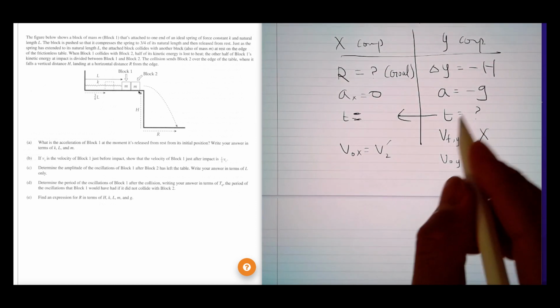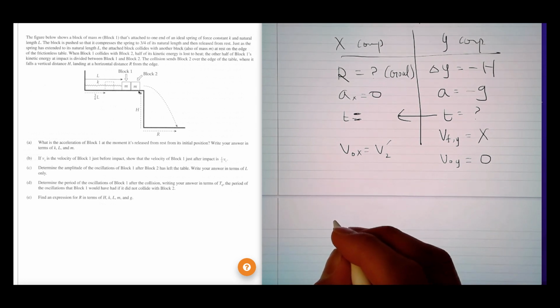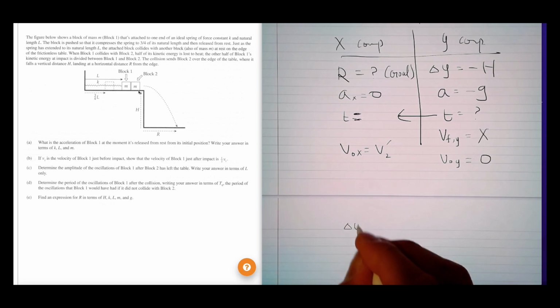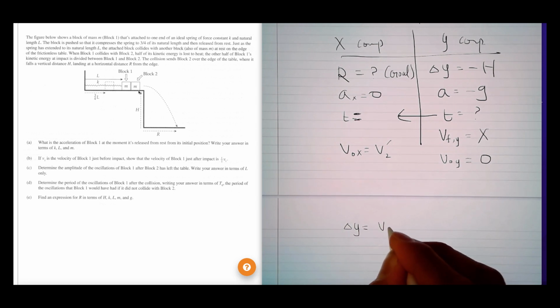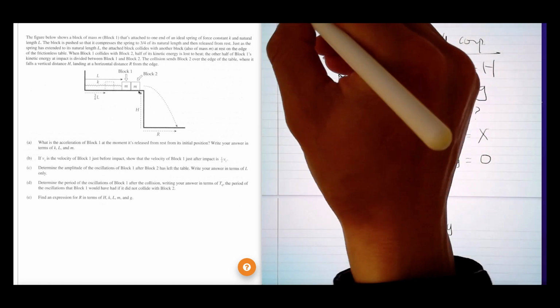Okay, so let's first find the time here. So we need to pull out the big kinematic equations. Number 2 was change of y is equal to v not y t plus 1/2 a y t squared.